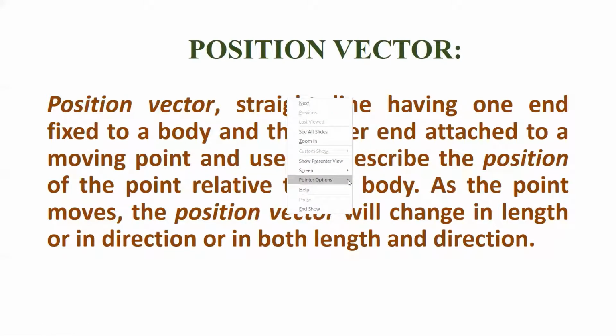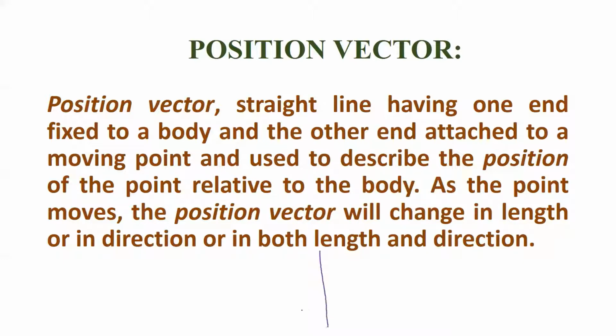Let me select my pointer color. If you have any point anywhere in space, you have to take it with some origin. This is point P. What does that mean? If it is lying on two axes, its coordinates will be x, y.